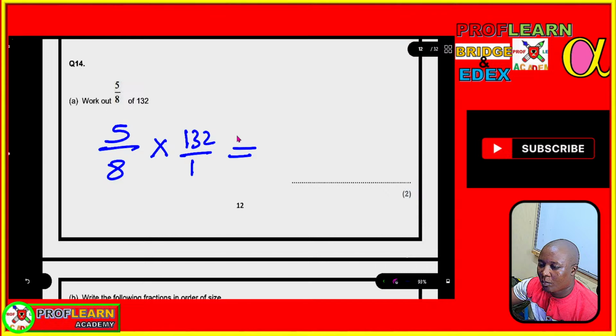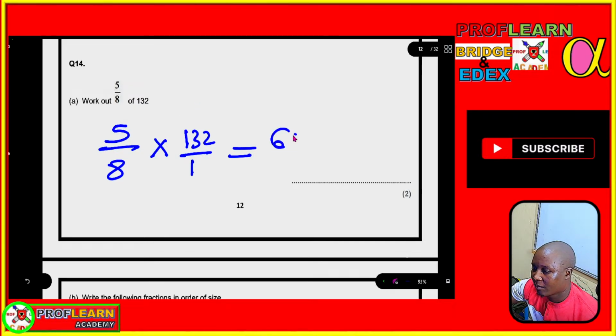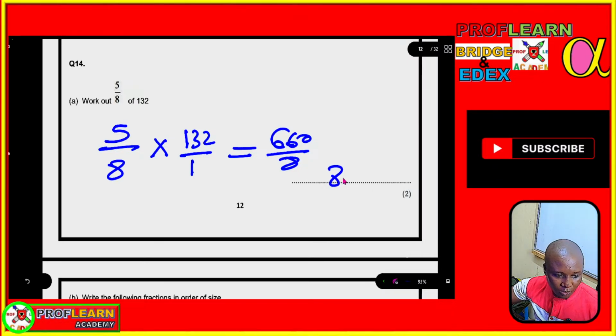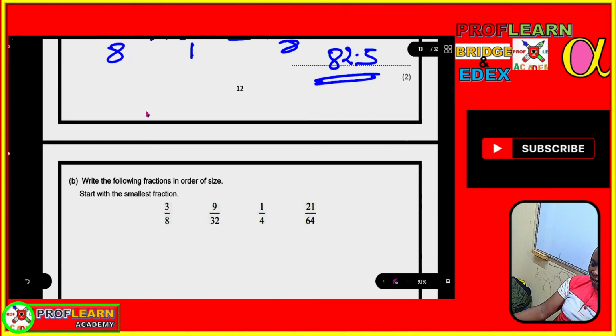So this equals 5 times 132, that gives us 660 over 8. Divided by 8, this is going to be 82.5. So 82.5 is the final answer in that case.